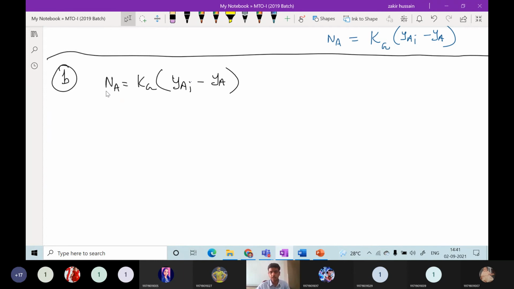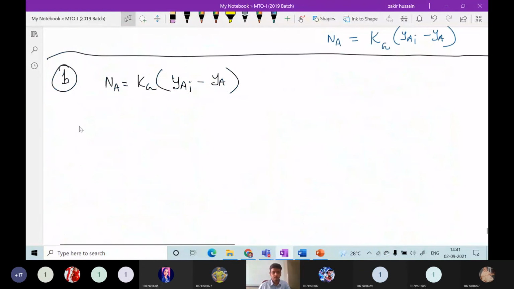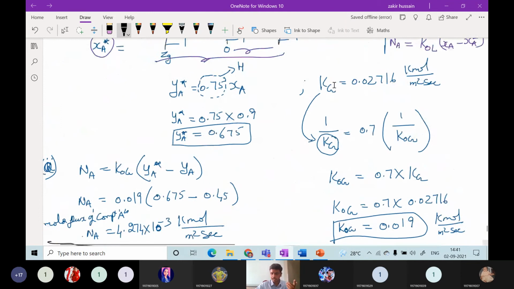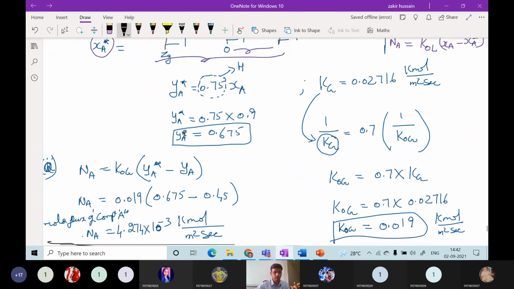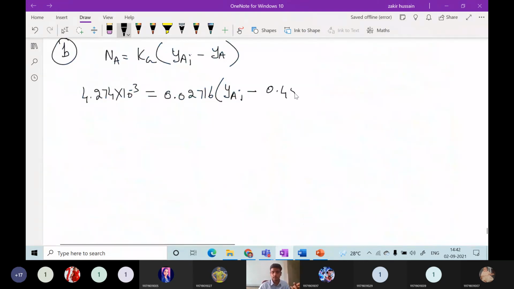We already know the flux we have calculated in the first bit, which is 4.274 into 10 power minus 3. Kg we also already have, they have already provided 0.02716. So 4.274 into 10 power minus 3 is equal to 0.02716 into YAI, which we don't know, minus YA, which we also have, that is 0.45.